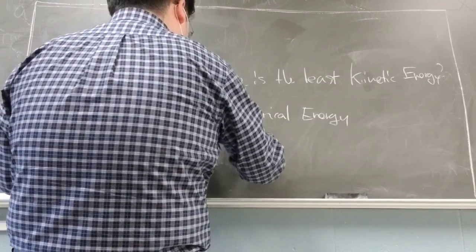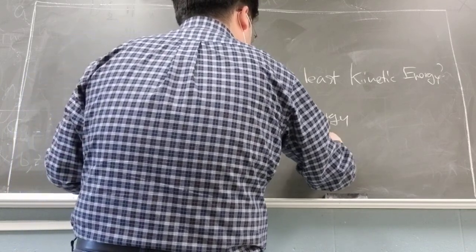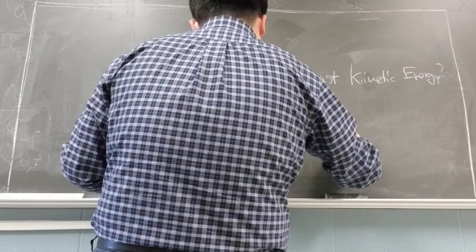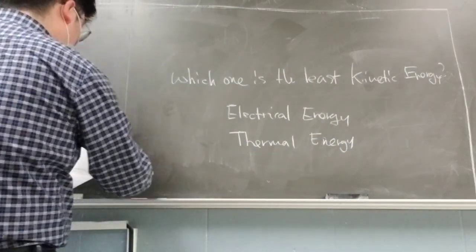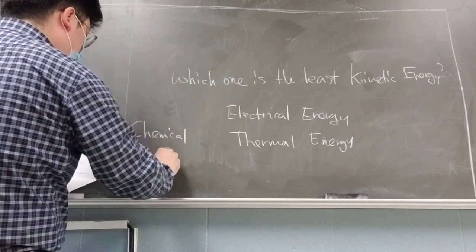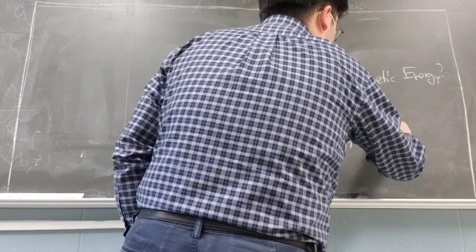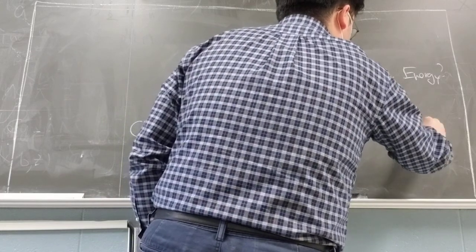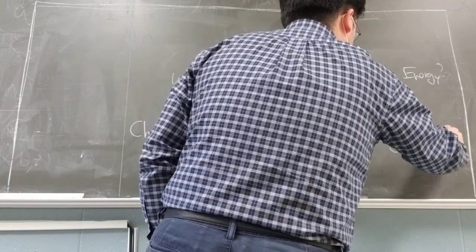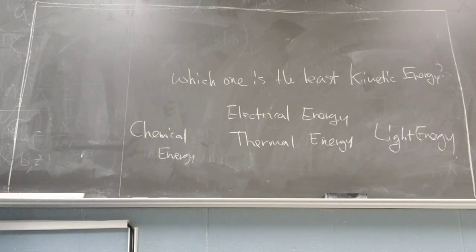The second is thermal energy, which is the same as heat energy. The third one is chemical energy. And the last one is light energy. Try to find the least kinetic energy.